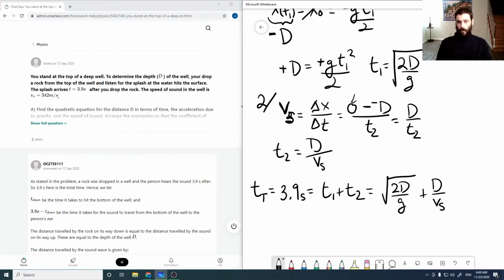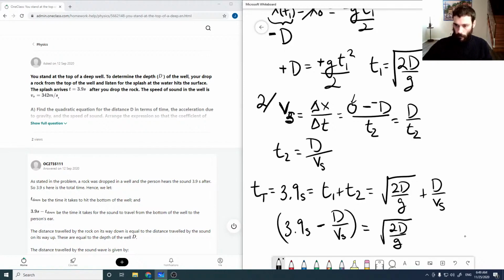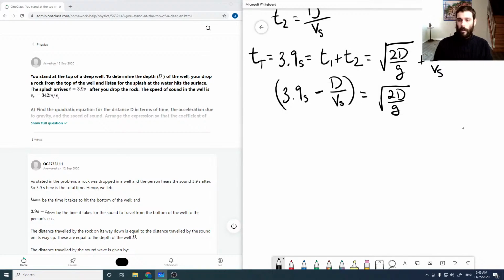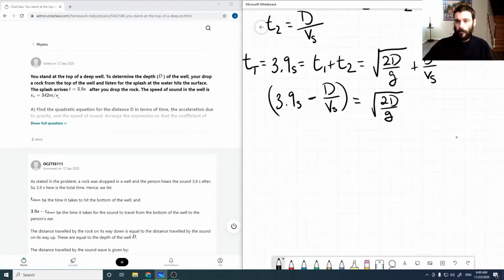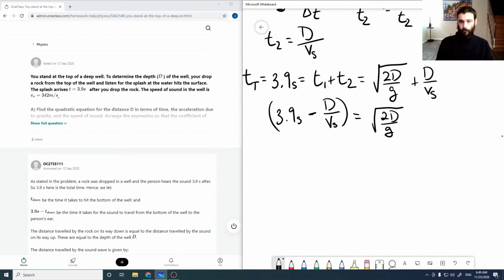So I'm just going to rearrange it as 3.9 seconds minus d over Vs equals the square root of 2d over g, and I'm going to square this. So 3.9 minus d over Vs, squared, is equal to 2d over g.